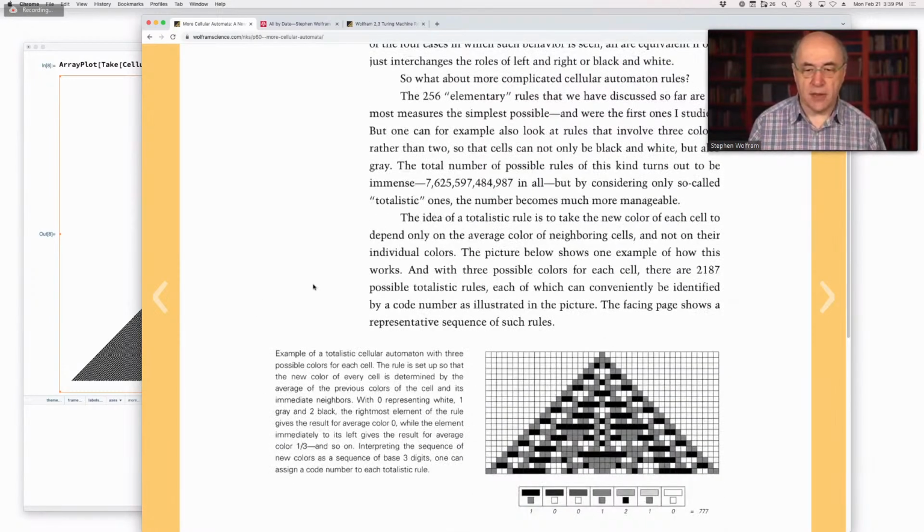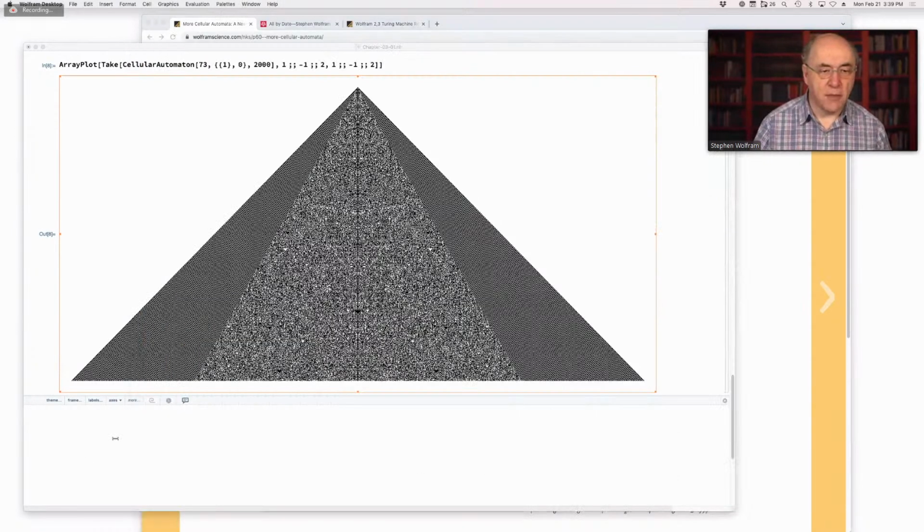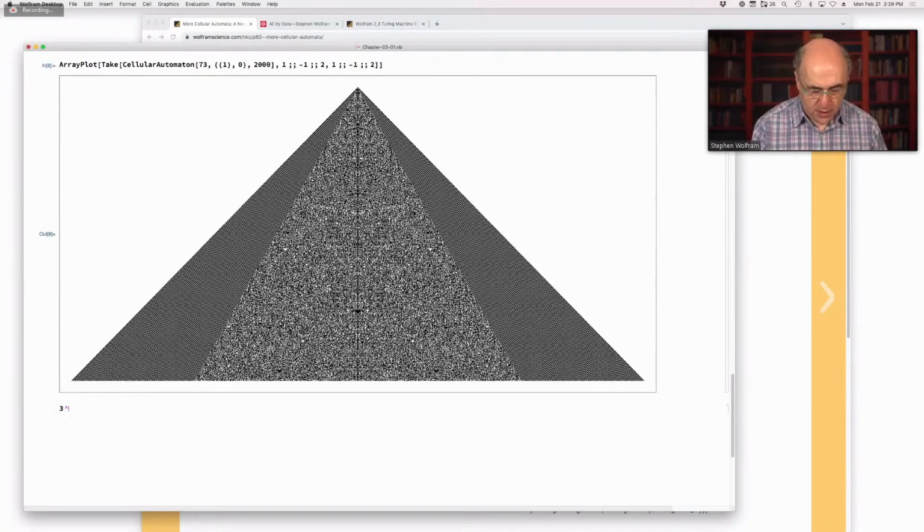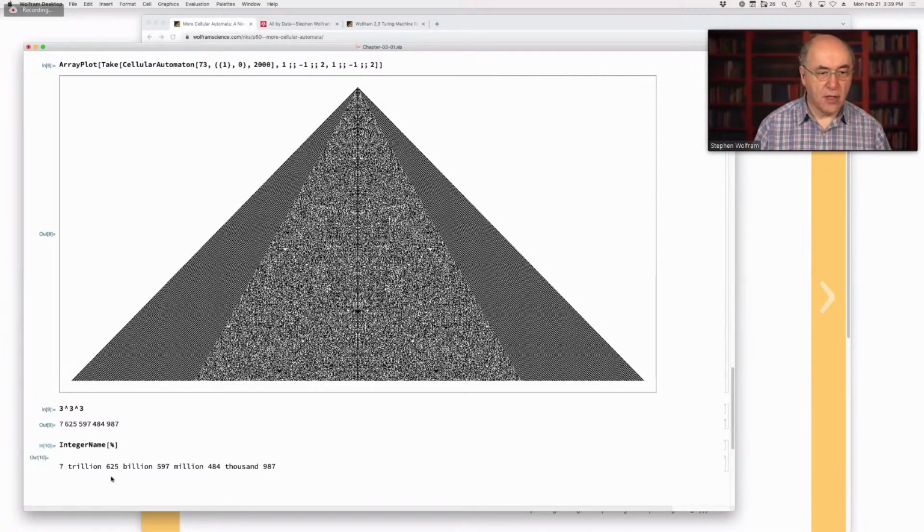And I start looking at that here. In order to reduce the total number of possible rules, with 3 colors and nearest neighbors it will be 3 to the 3 to the 3, otherwise known as that number there. Let's find out what that is called. Oh, there we go, 7 trillion, okay.